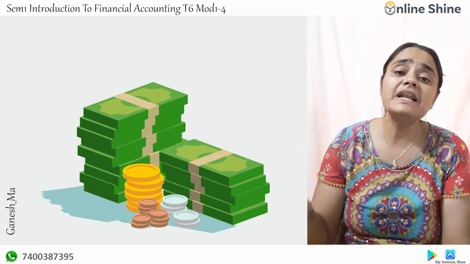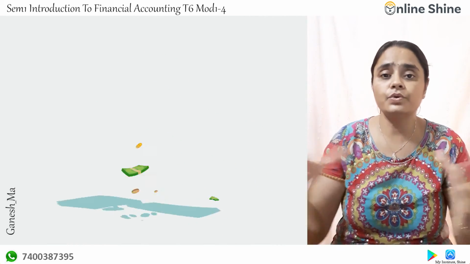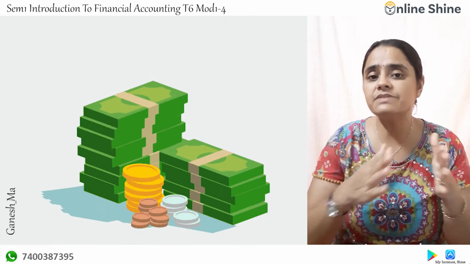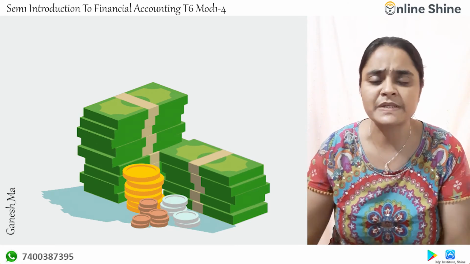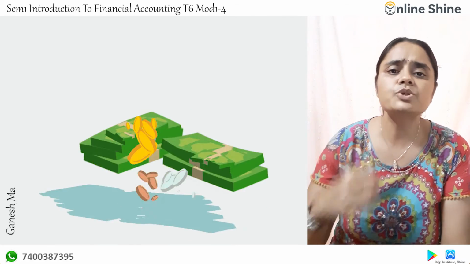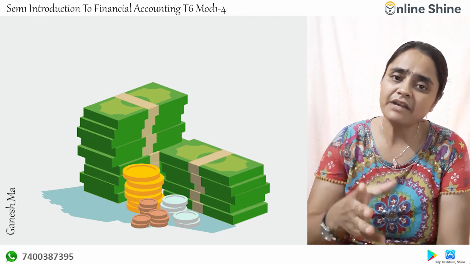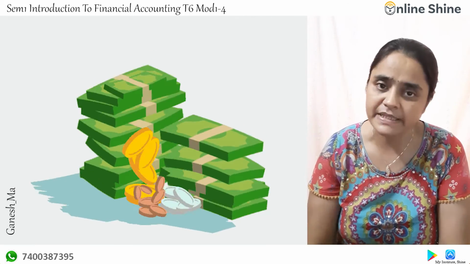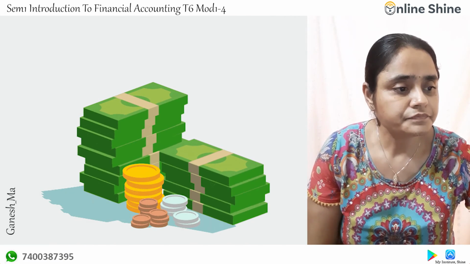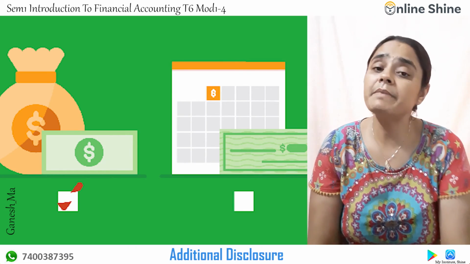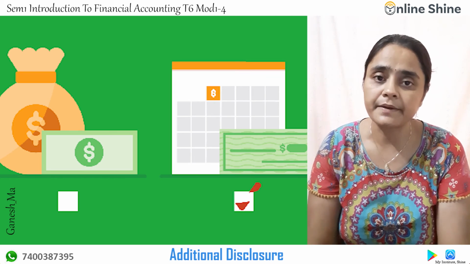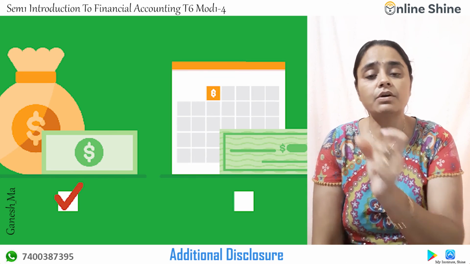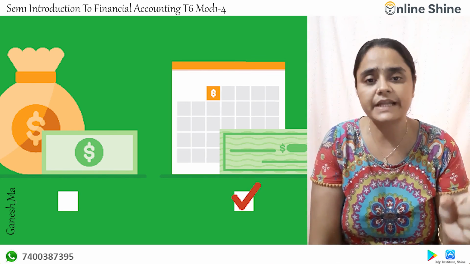Now, when several assets are acquired in a lot, or in a bunch, then the price will be determined on a suitable average basis. Say for 50,000 I have bought 5-10 assets, so that 50,000 will be divided among those 5 or 10 assets on a suitable basis. Now here, some additional disclosure should also be made. You have to always mention the gross value of fixed assets as well as the net value of fixed assets.